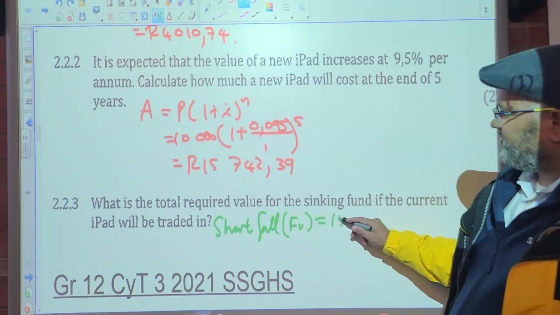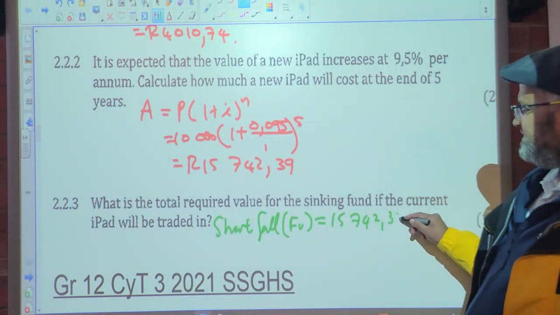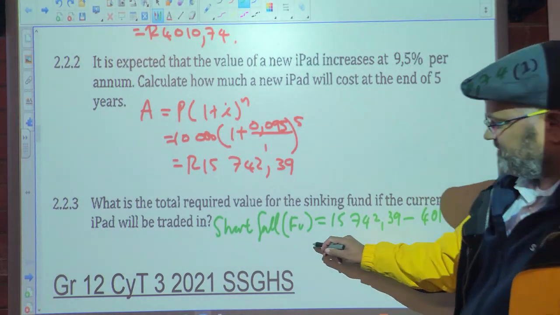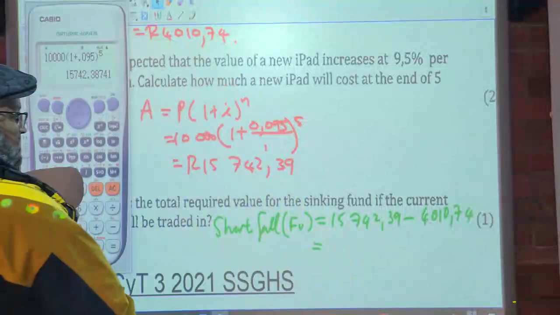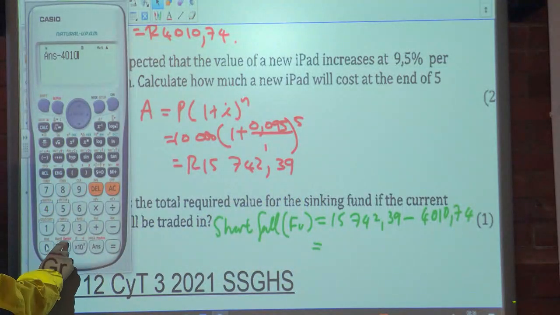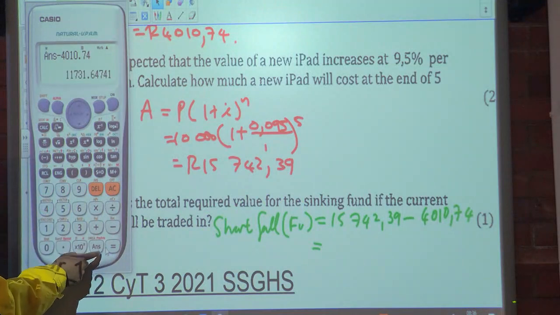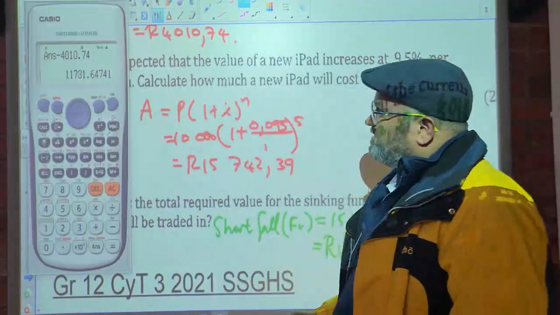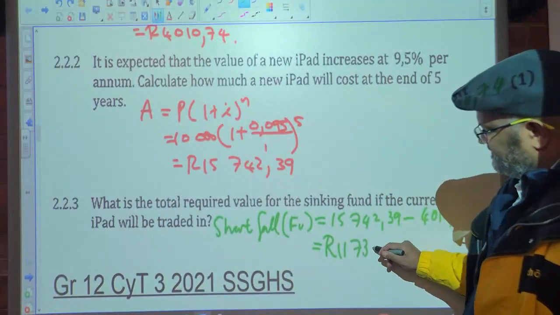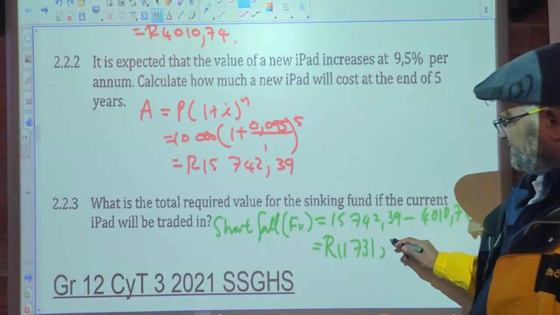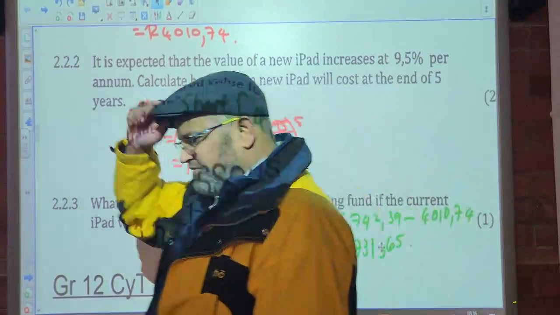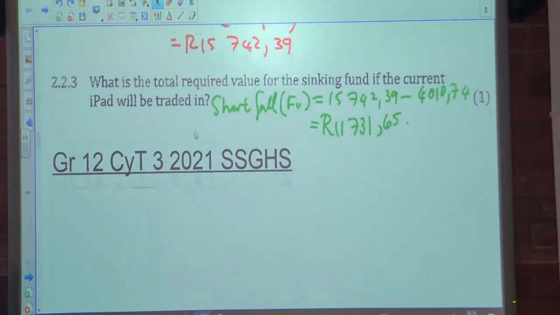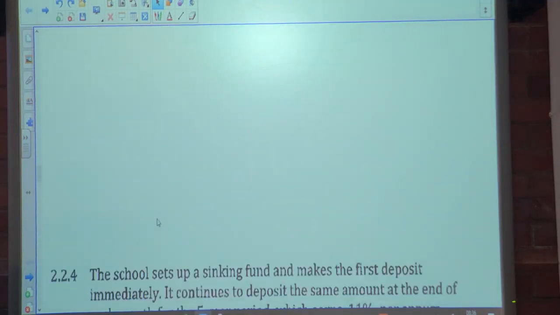So it's going to be 15,742 rand and 39 cents minus 4,010 rand and 74 cents. That gives you 11,751 rand and 65 cents. So that is the shortfall, the amount needed for the sinking fund.